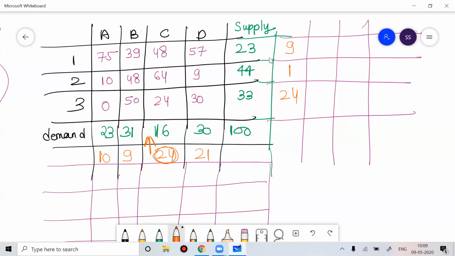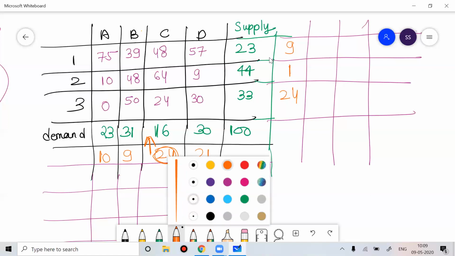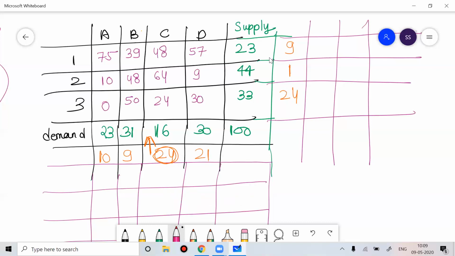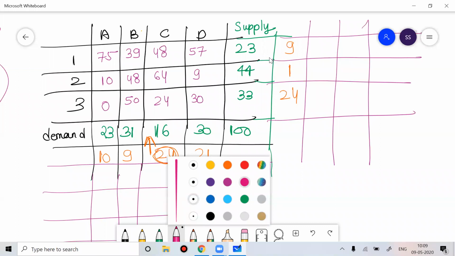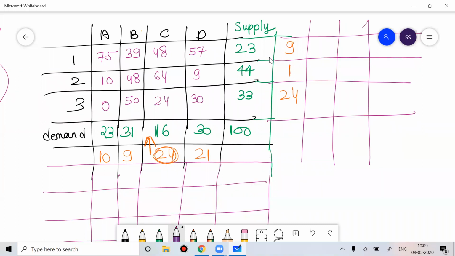So the maximum you can put is 16. If you put 16 here, this will become 17.